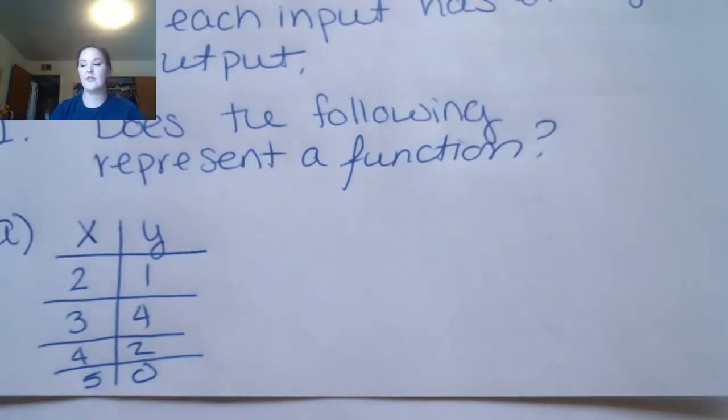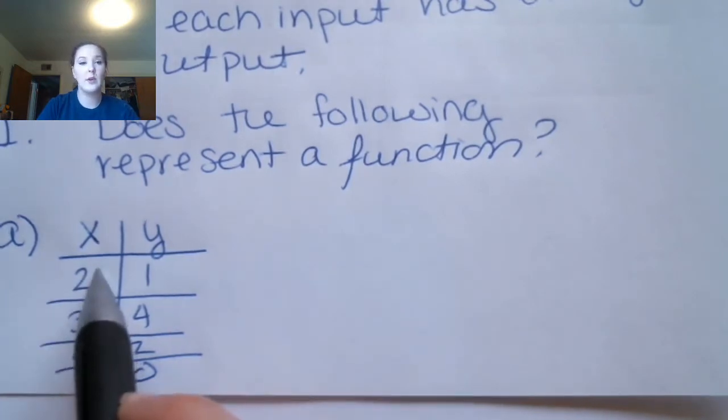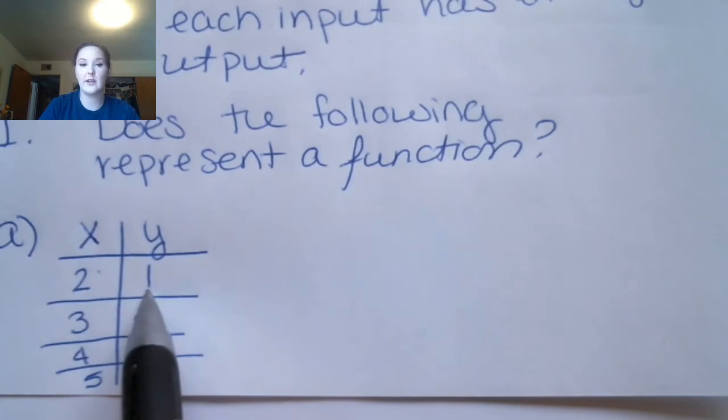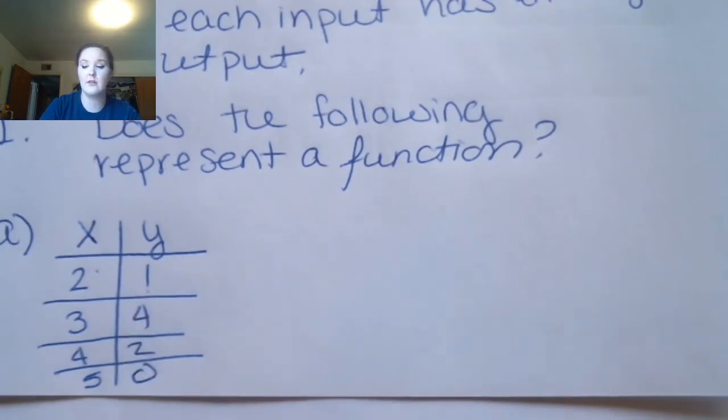Remember the definition is that for each x, there is exactly one y. Because there's only 4 x values, we're just going to check every single one. For this x value 2, is there an associated y value? Yes. Here it is. And is there just one y value? Yes, it's just one.